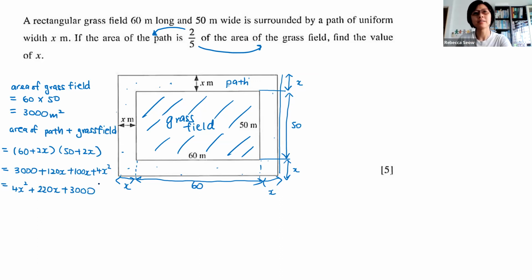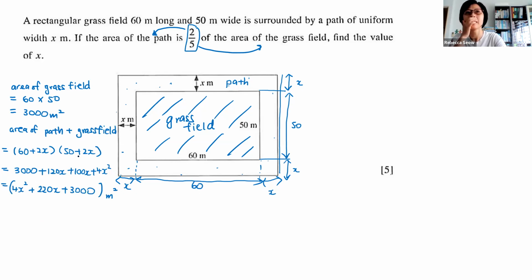All right. So I will bracket the whole thing up and put down meters square. Now, let's take a look and see how we can use these two pieces of information and the fraction 2 out of 5 to solve for x. Area of the path is 2/5 the area of the grass field.